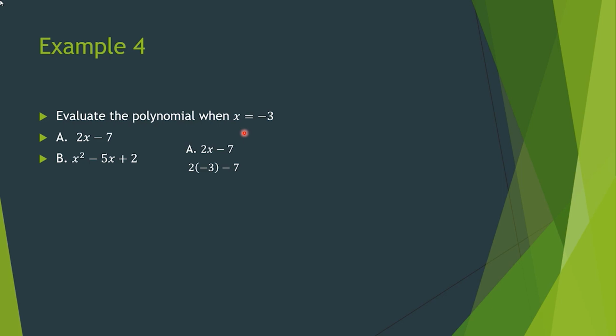A word of advice: if you're plugging things in and it's a negative, the best thing you can do is use parentheses. The other thing is you want to make sure you're consistent, and parentheses help out with that. Then you just follow the order of operations. You would multiply first: 2 times negative 3 is negative 6. Then negative 6 minus 7 gives you negative 13.